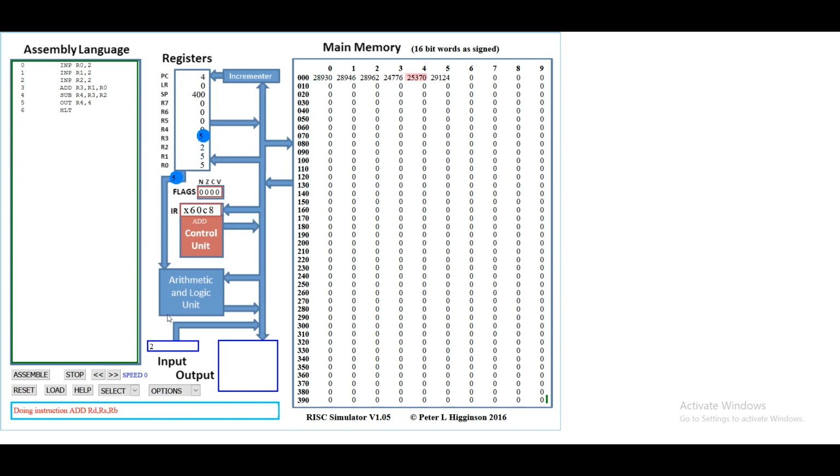This time, the CU shifts the operation to the arithmetic and logic unit to add the first two values stored in registers R0 and R1. The value of R0 comes from the A bus and the value of R1 comes from the B bus. The result is stored in register R3.